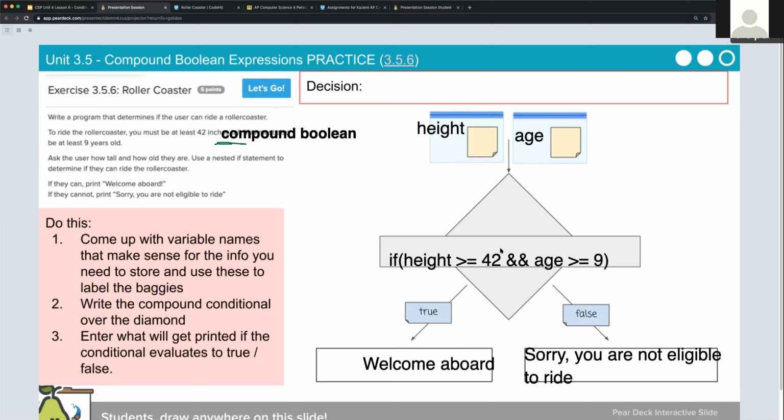And if any part of this is false, then it's going to print out, sorry, you are not eligible to ride. Okay, so on Wednesday, we are going to talk about how to take this flowchart and convert it to Java code.